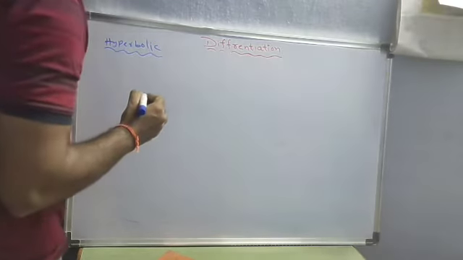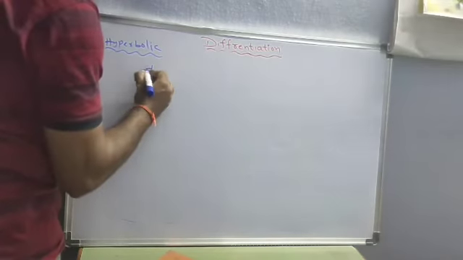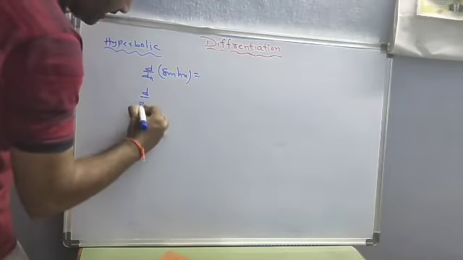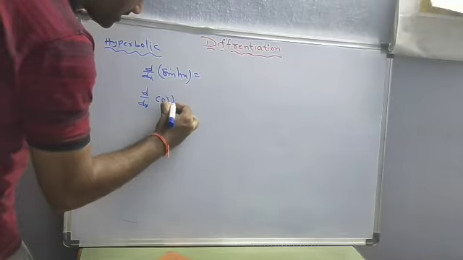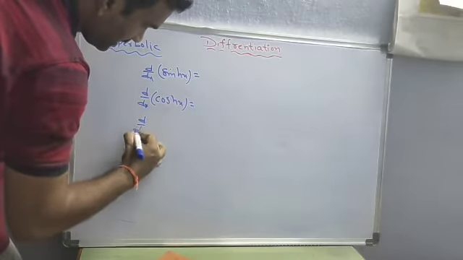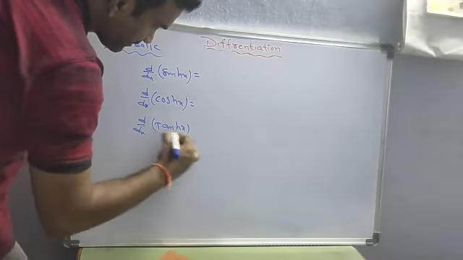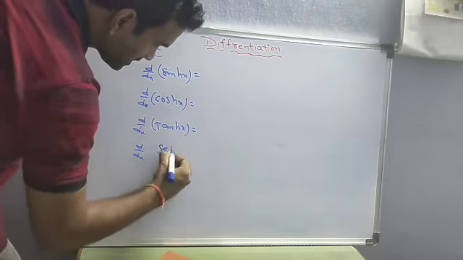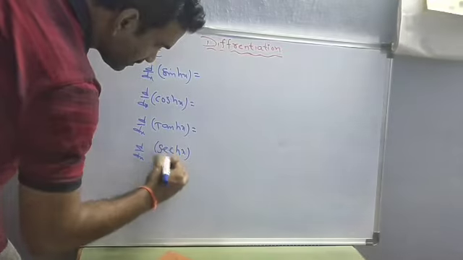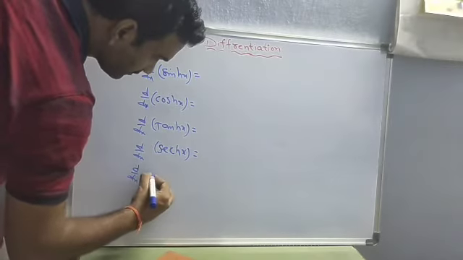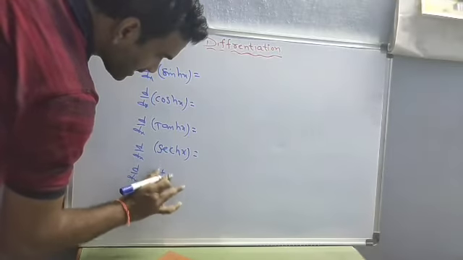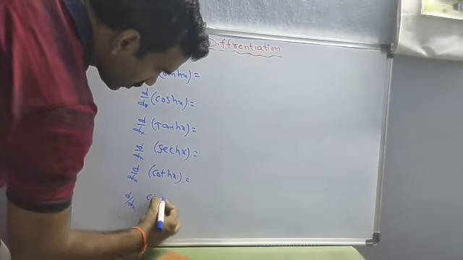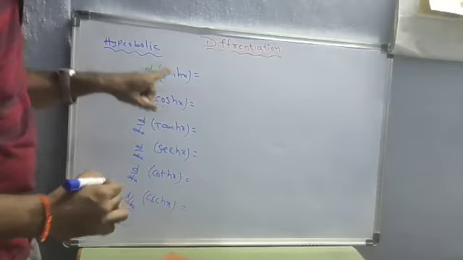These formulas are also similar to the trigonometric formulas. d by dx of sin hx, d by dx of cos hx, d by dx of tan hx, d by dx of secant hx, d by dx of cot hx, d by dx of cosecant hx. Hyperbolic functions.